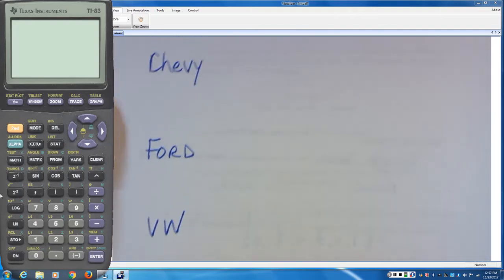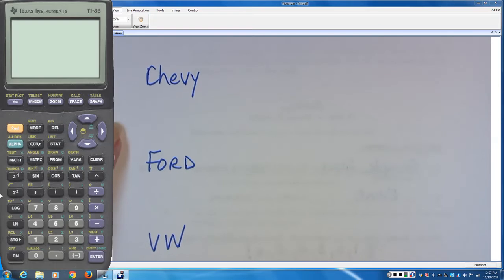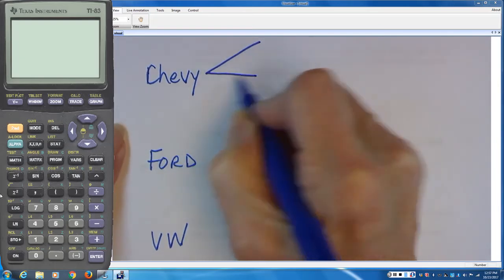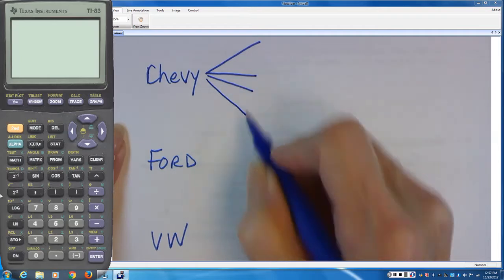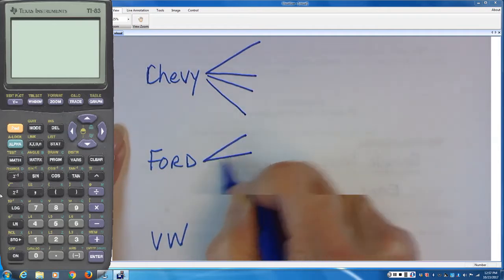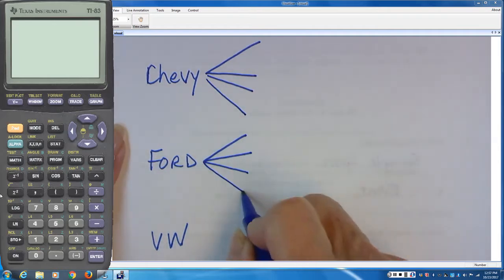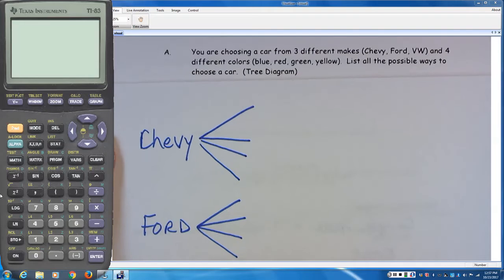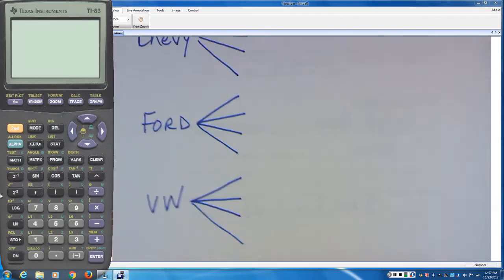And then you've got a choice of colors for each one of those. And your choices of colors are blue, red, green, and yellow.